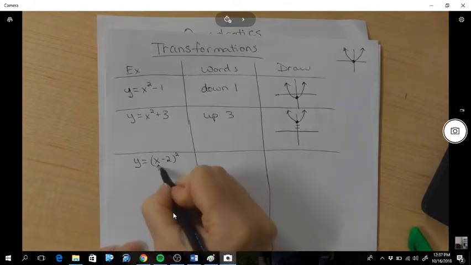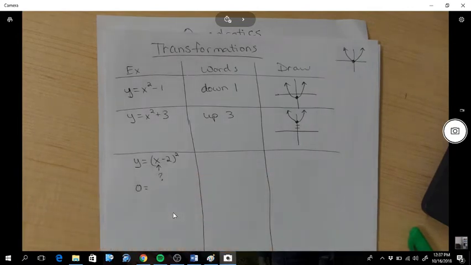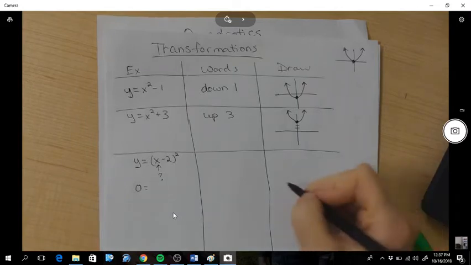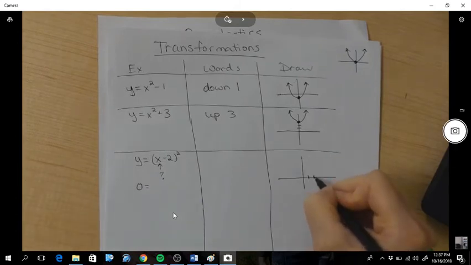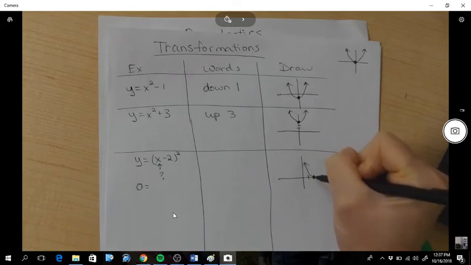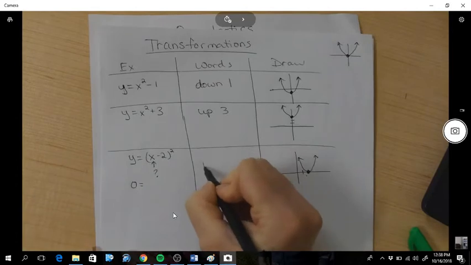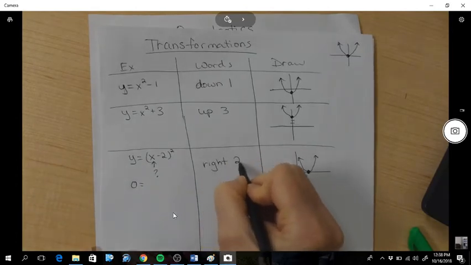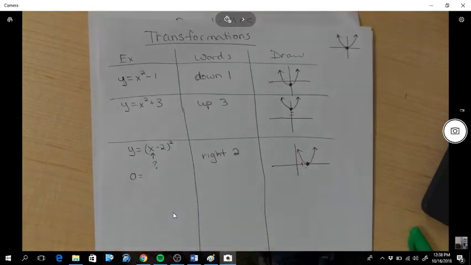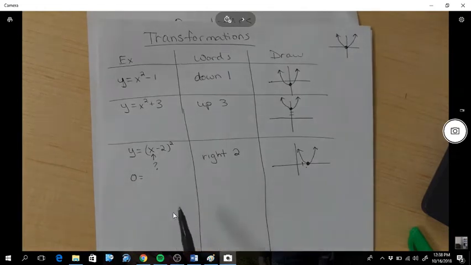What x value would make it equal 0? Okay, did you answer a positive 2? So if I put a positive 2 on my graph where the height is 0, and then I draw my parabola, what ended up happening in the shift is that it moved right 2. So this one's kind of tricky because it's your opposite thinking, right? Because you see a negative 2, but it's actually going right 2.